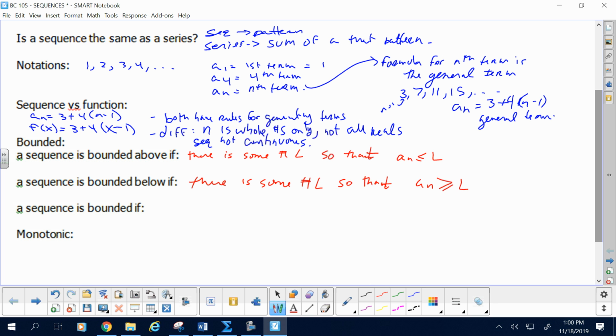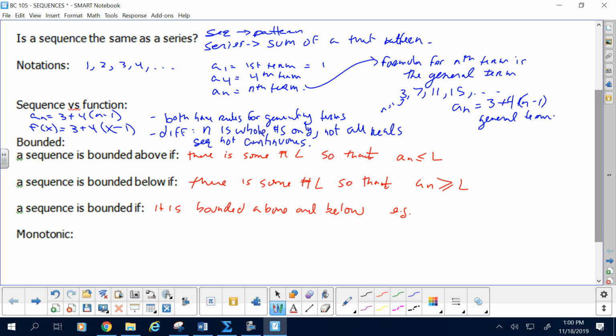Just like you have limits from the right, limits from the left, and the limit, same with bounded. You could have bounded above and bounded below. And if a function is bounded above and below, then it is just bounded. A sequence is bounded if it is bounded above and below.